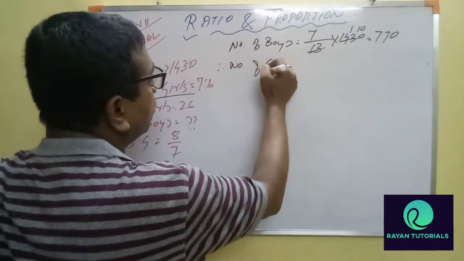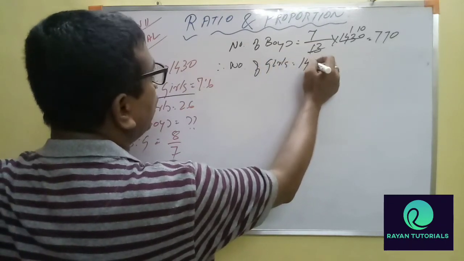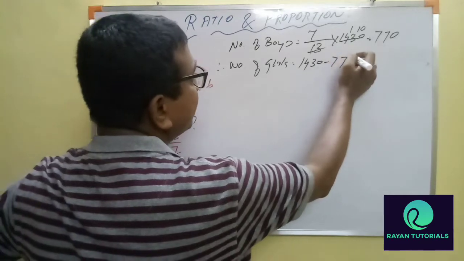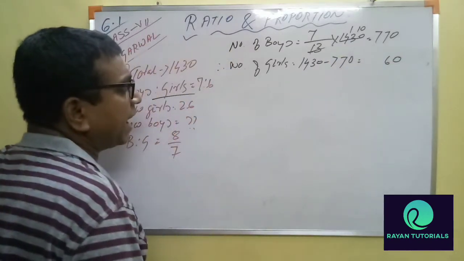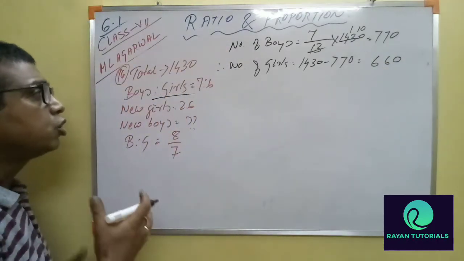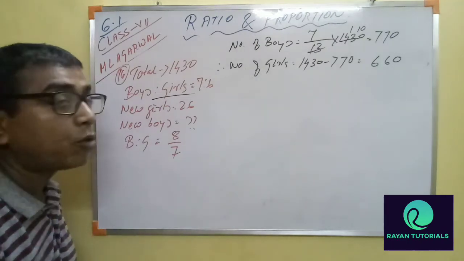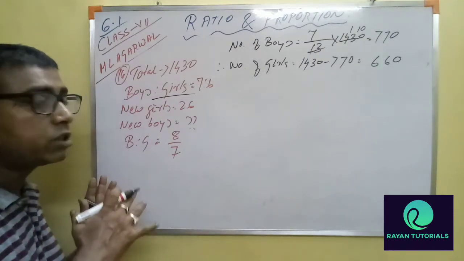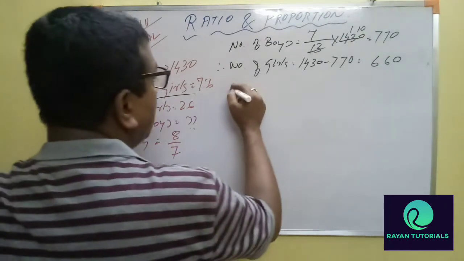Therefore, number of girls, you can do like this also, 1430 minus 770. So that total 1430 students, 770 are boys, so girls, just total minus the number of boys, you will get the girls.